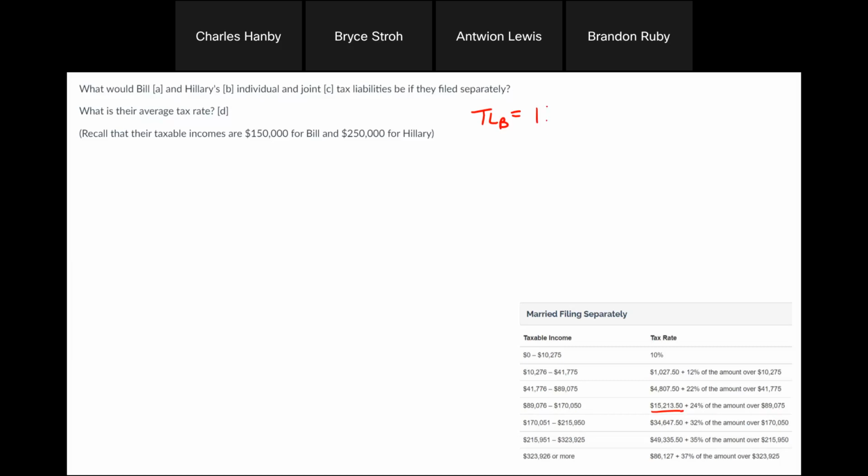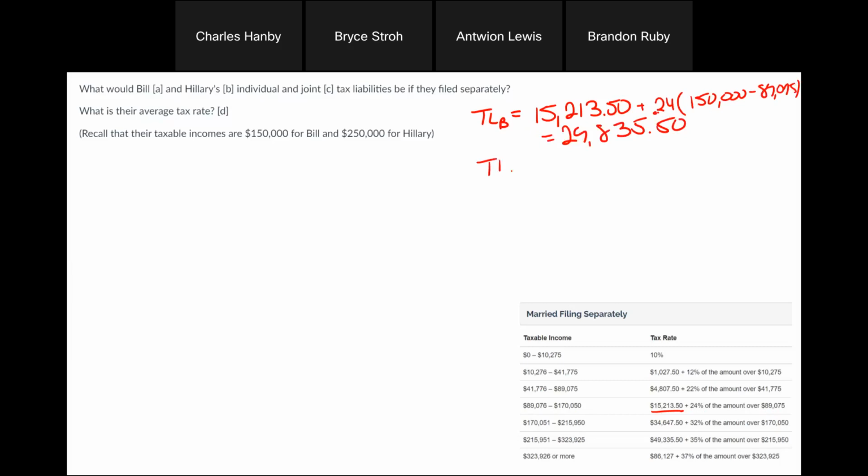So that'd be $15,213.50 plus 0.24 times the $150,000 taxable income minus $89,075. So his tax liability is $29,835.50.